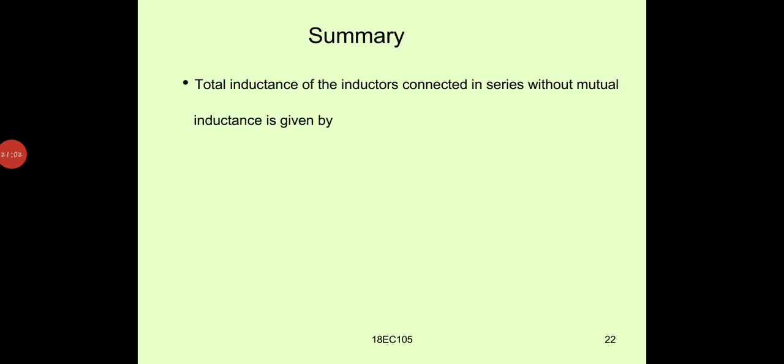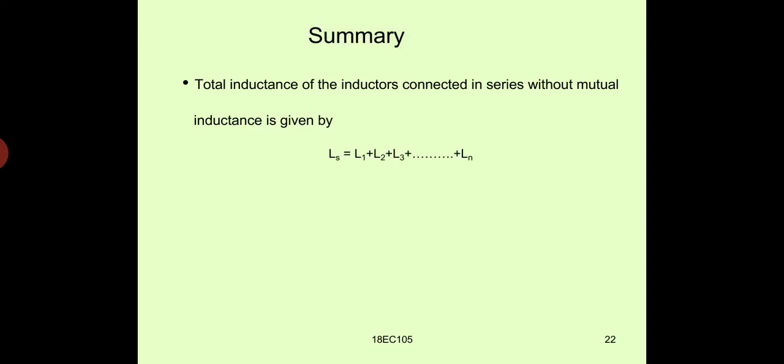Now let us summarize what we have discussed till now. The total inductance of the inductors connected in series without mutual inductance is given by Ls, which is equal to L1 plus L2 plus L3 plus L4 and so on till Ln, when there are n inductors in series.